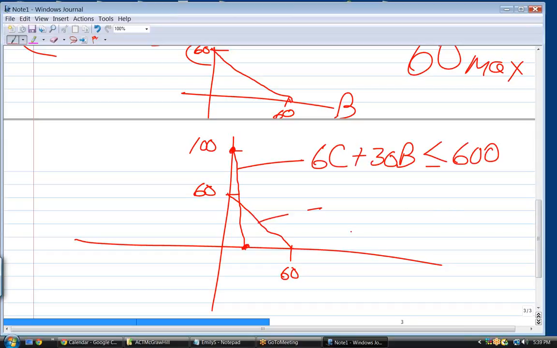This constraint is C plus B has to be less than or equal to 60. Okay. And then the fact that I have to be less than means that if I had to shade one side of that one, it would be that side. If I had to shade one side of that one, it would be that side. So it'd be in the middle part, which is those 4 lines.